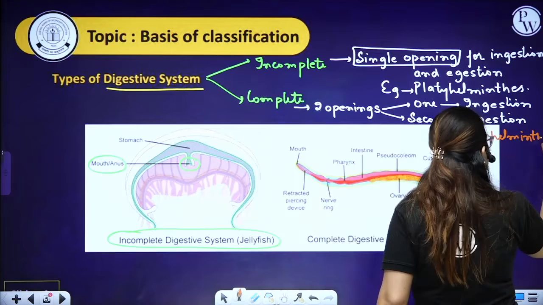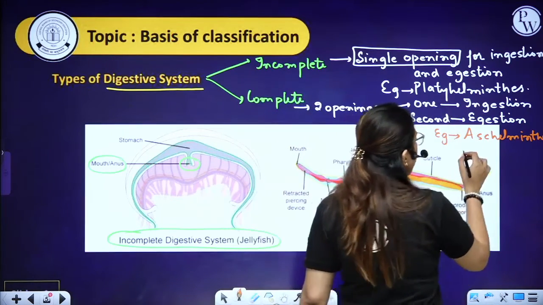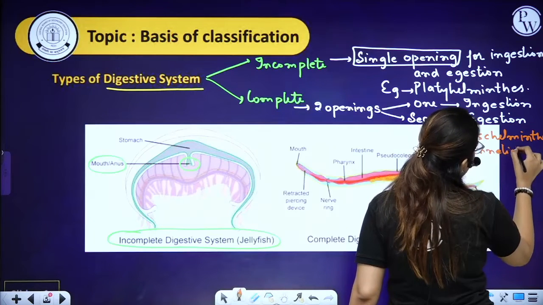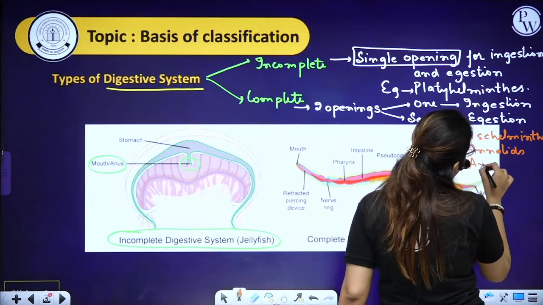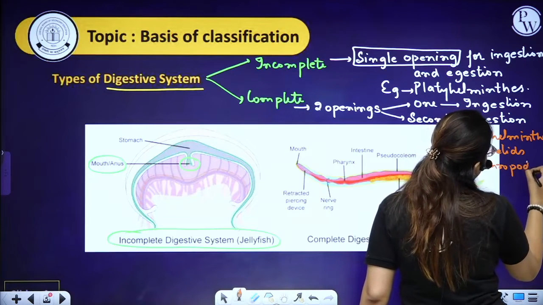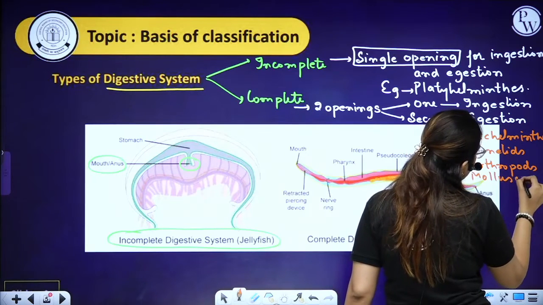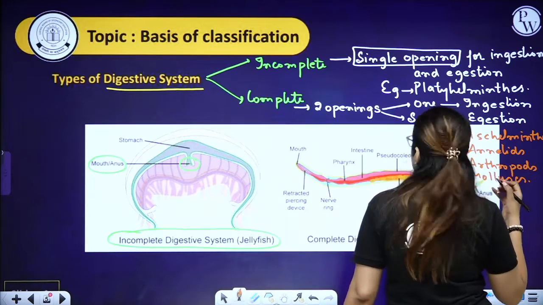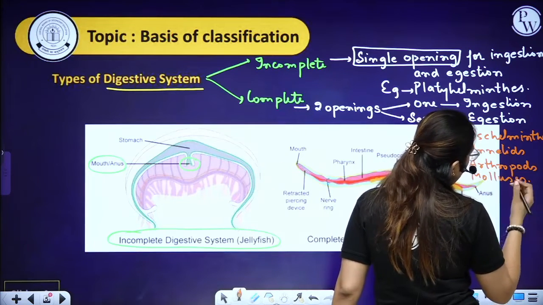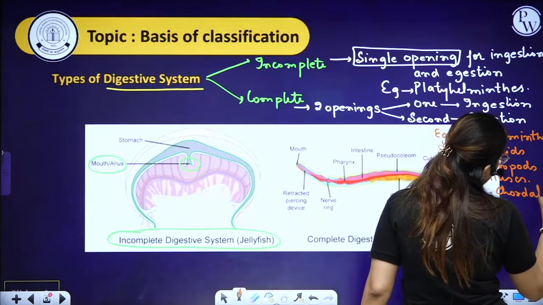You can write down in the bracket roundworm, Aschelminthes. And then we have annelids, arthropods, mollusks, echinoderms, and then we have chordates.